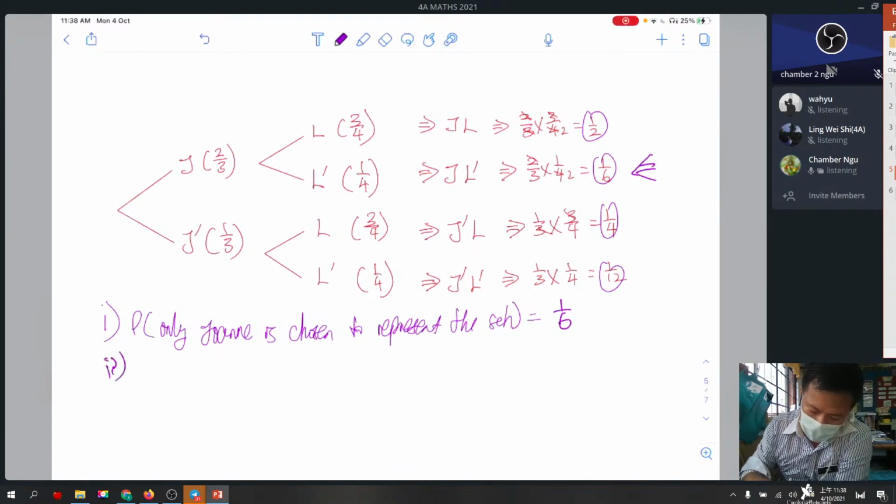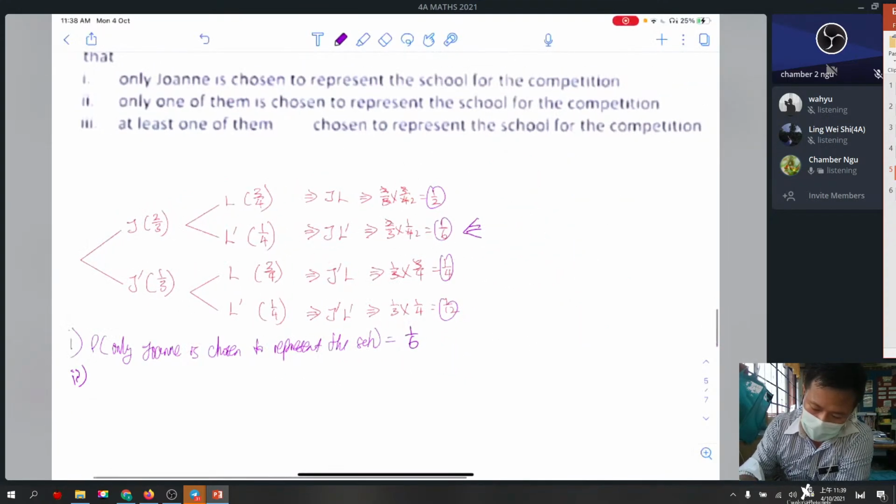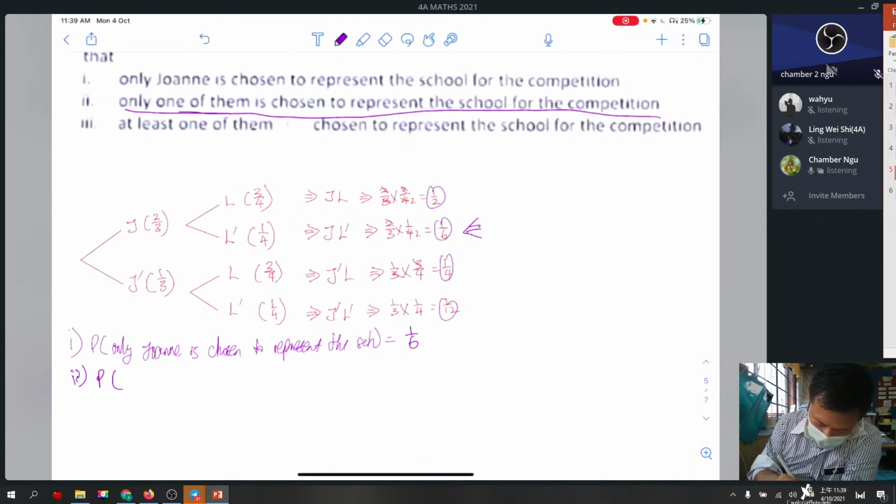Question number 2, only one of them are chose to represent the school. Okay, means maybe Zoin dipilih, Lina tak dipilih. Or, right? Or is union, right?